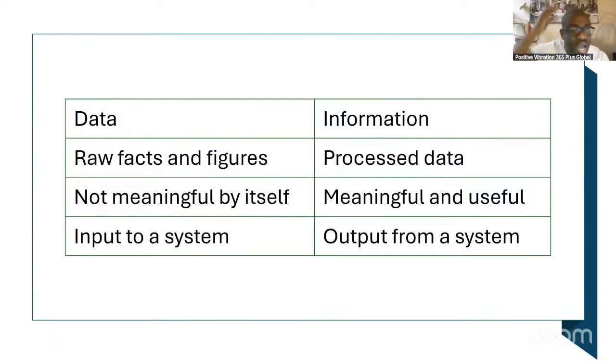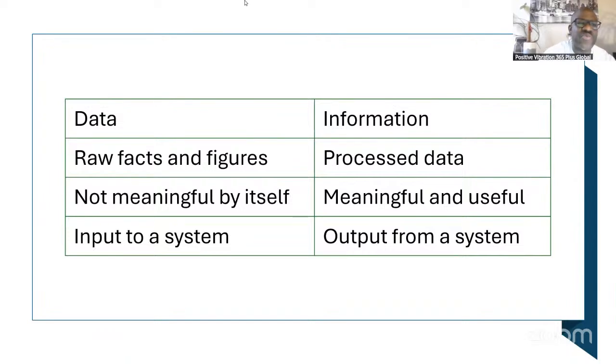When it comes to technology, data is raw facts and figures. It doesn't have any meaning by itself. And it is usually the input that we put into a system. Let's think about when you're writing a program. Right? You enter some numbers, you enter a name, you enter a place into your program. That's data, all right? Good. Information now is processed data, meaning it's meaningful, it's useful.